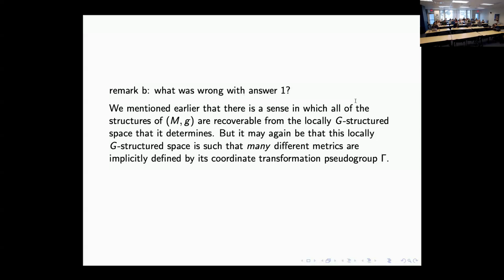Indeed, in cases where the relativistic spacetime has a trivial isometry pseudogroup, as for Heraclitus spacetimes, every metric on top of the manifold M is implicitly defined by the coordinate transformation pseudogroup because it only contains identity maps, and every metric is invariant under a collection of identity maps. So the sense in which we really recovered G on M was weak in answer to question 1. If we recovered G, we successfully recovered all other metrics on M.